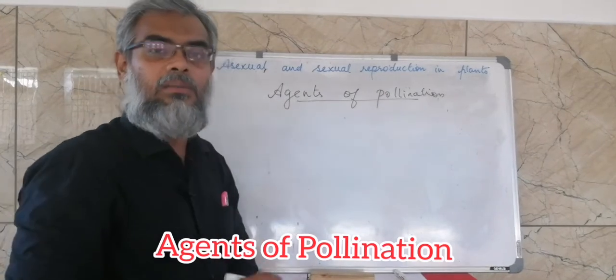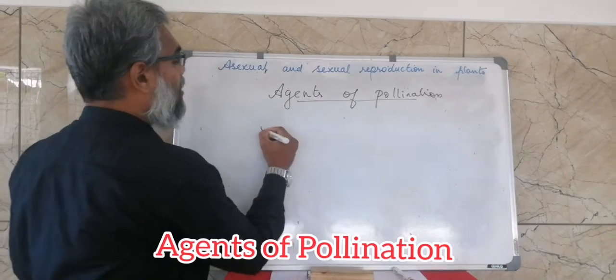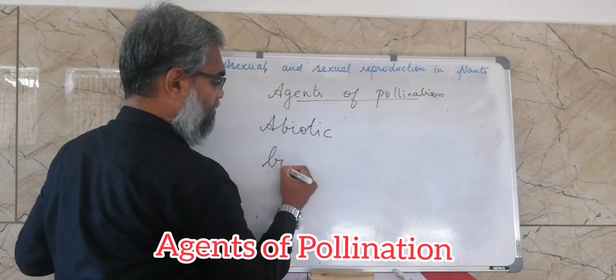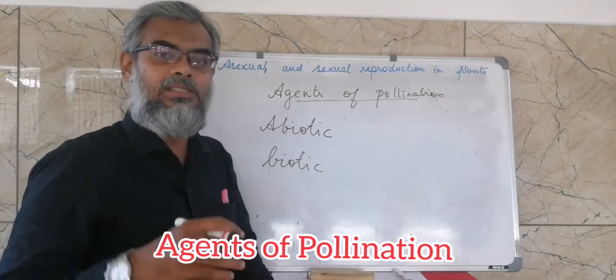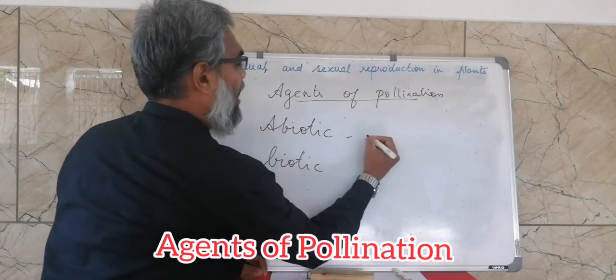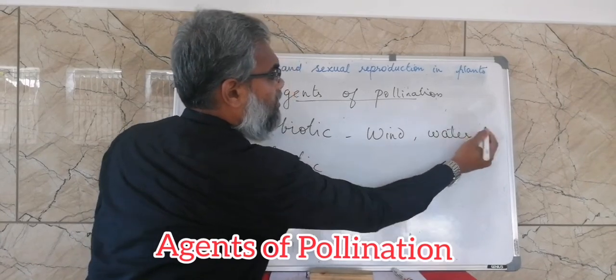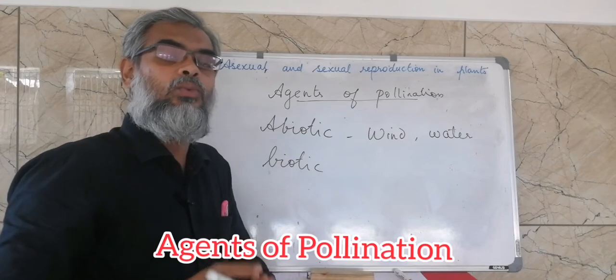When we speak about agents of pollination, we have abiotic agents and biotic agents. Abiotic means non-living, that is, we have wind and water. Some of the flowers are pollinated by wind.